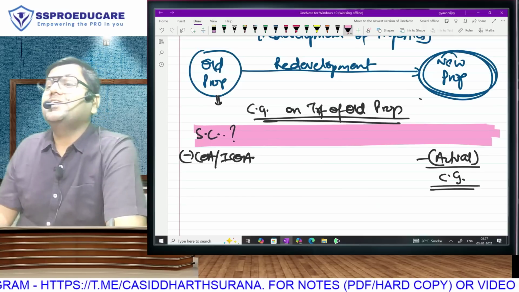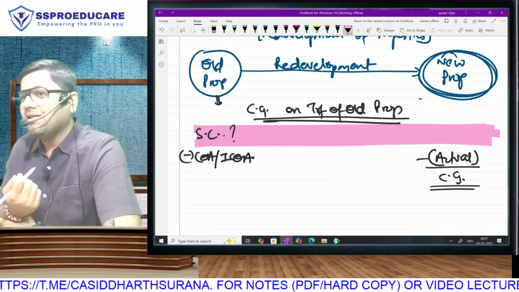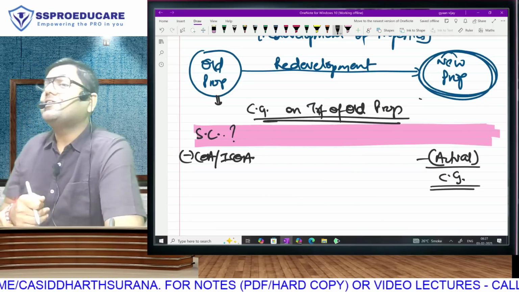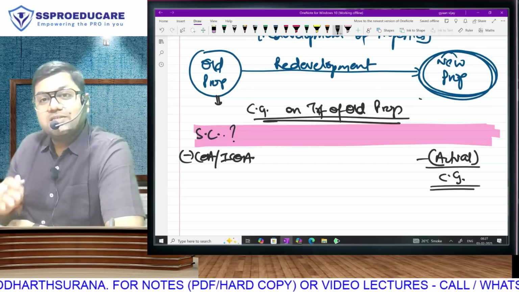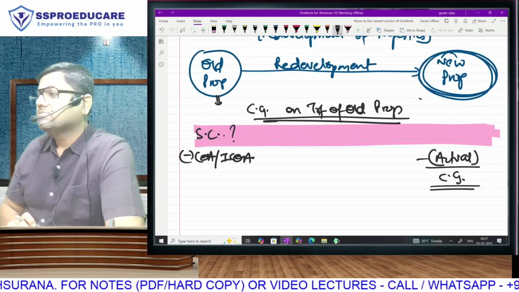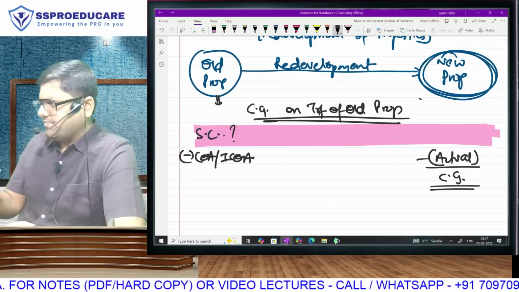Special cases of full value of consideration. Cost price is not special, that is normal. What will be the full value of consideration? If you have really understood the explanation of joint development agreement, within the explanation already I have given you the answer. Huh? The monetary consideration receipt.